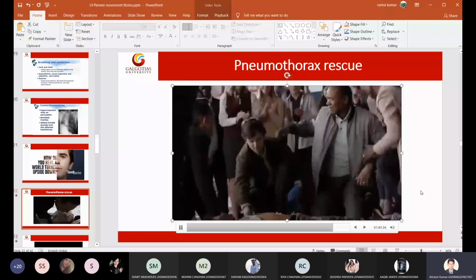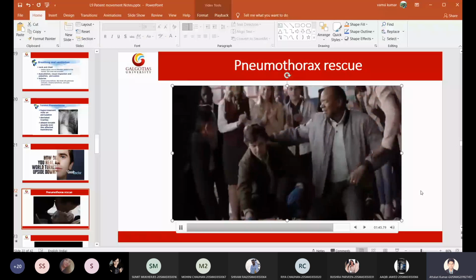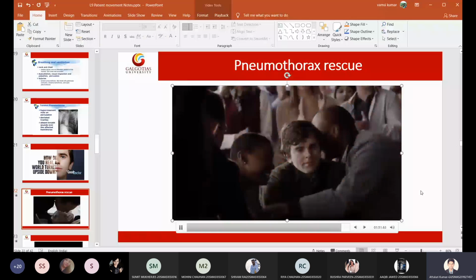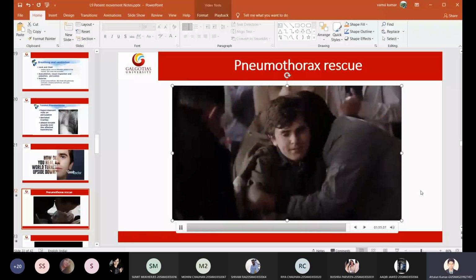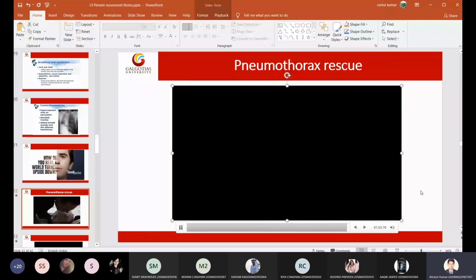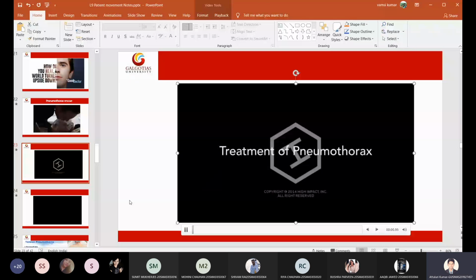Yeah, this is called rescuing of a hemothorax, pneumothorax condition. Pneumothorax means entrapment of air in the lungs. So this was rescued by this small insertion in the thoracic cavity. So that is called pneumothorax rescuing.